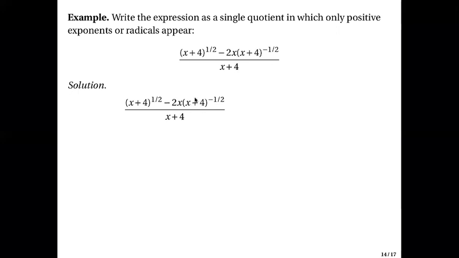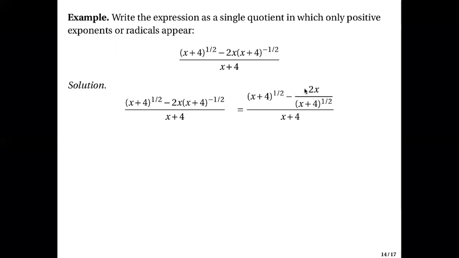Okay? So for this, we're going to rewrite it as follows. Particularly here, you have x plus 4 raised to negative 1 half, and you can rewrite it as 1 over x plus 4 raised to 1 half. That's why we have this expression in here. So the numerator becomes this, and the denominator is as is.